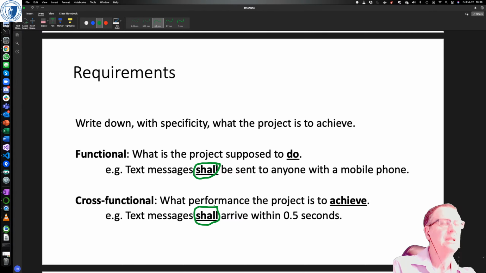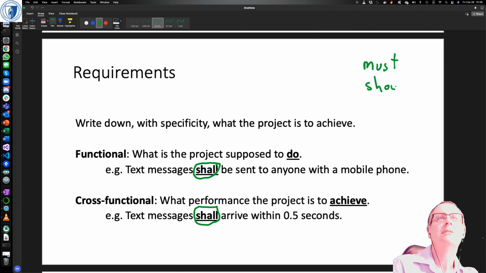Some people use must, should, can. I don't.